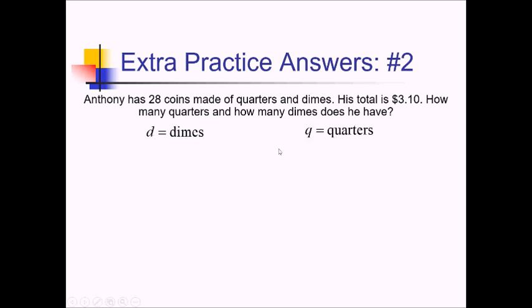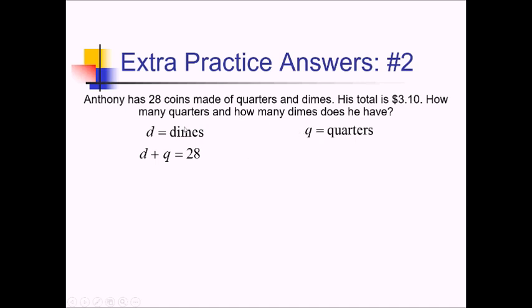Now I'm going to set up two equations, one talking about the number of coins, another talking about the value of those coins. We know that the number of dimes, D, plus the number of quarters, Q, has to add up to 28, because Anthony had 28 coins, no other types. And then the value of those coins has to add up to 310.